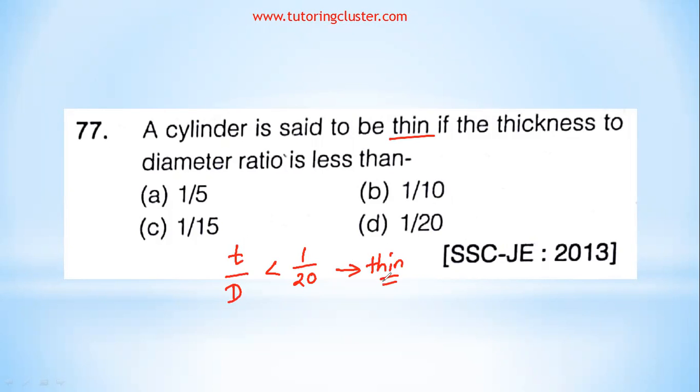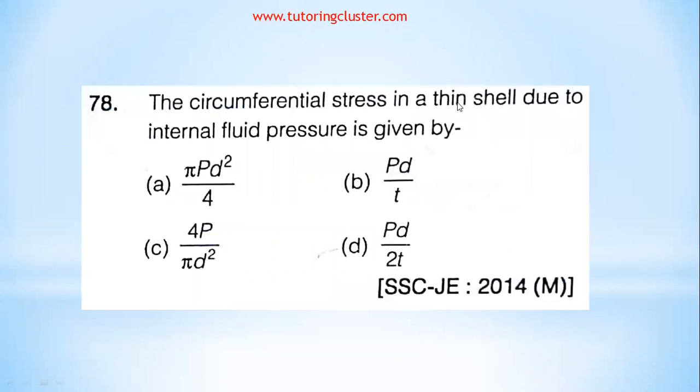This is the definition. So the correct answer will be option number D. Next, 78, asked in 2014. The circumferential stress in a thin shell due to internal fluid pressure is given by. Just now we have seen the formula. It is PD upon 2T, right?